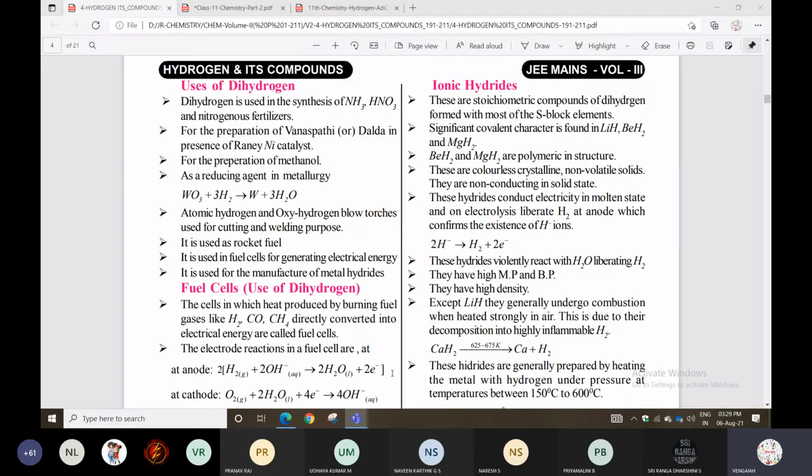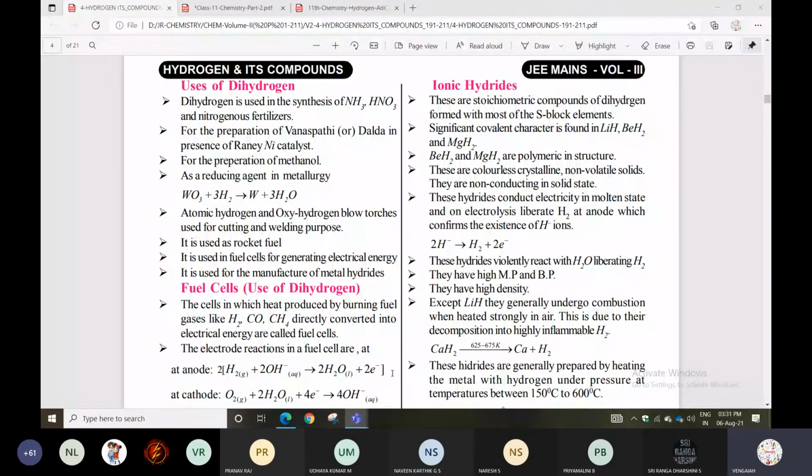They have high density. Except lithium hydride, they generally undergo combustion when heated strongly in air.